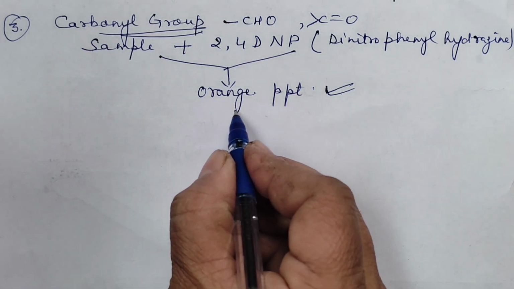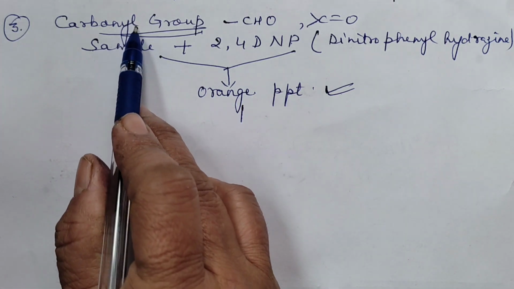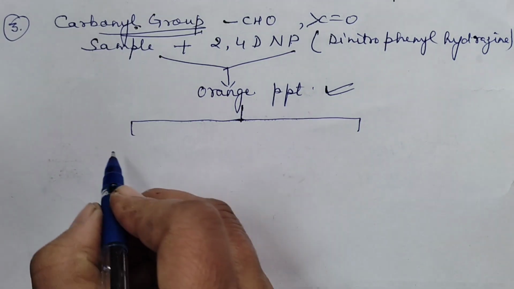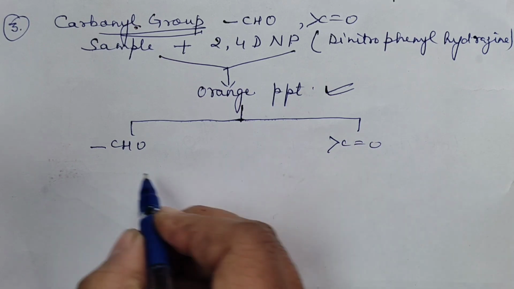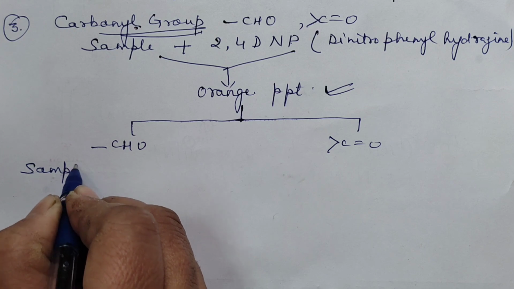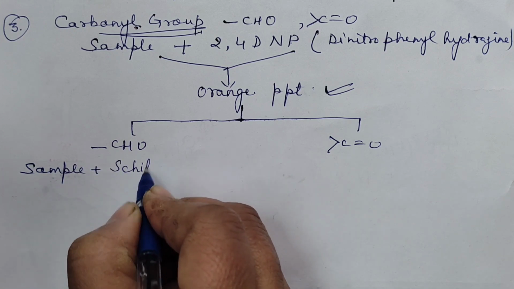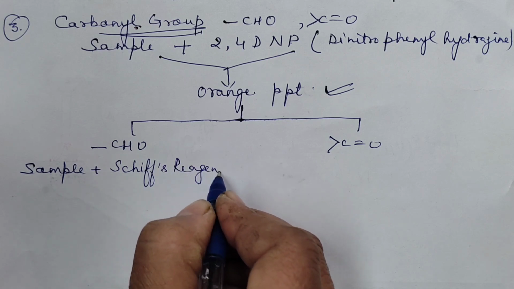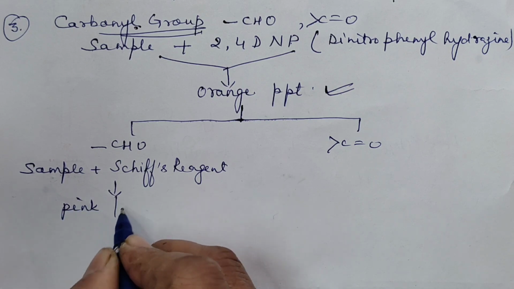Okay, so you will take whatever solution you have. With that, first you are going to try for aldehyde, right? If it is aldehyde or ketone, you will have to check for that. So first you try for aldehyde. To the sample you add Schiff's reagent. On adding Schiff's reagent, what you get is pink color or magenta.